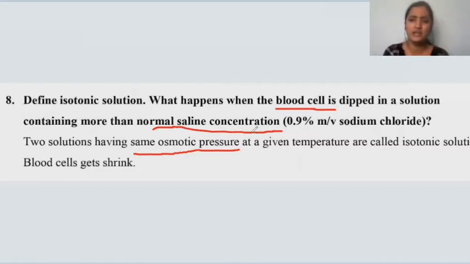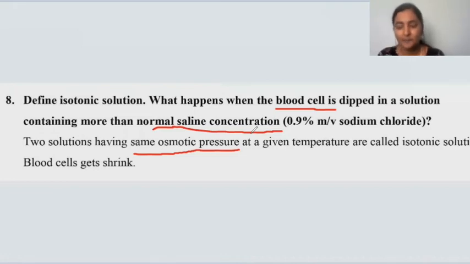Here, the blood cell is isotonic with normal saline solution. Isotonic means the blood cell and the normal saline solution have the same osmotic pressure. Such solutions are called isotonic solutions.